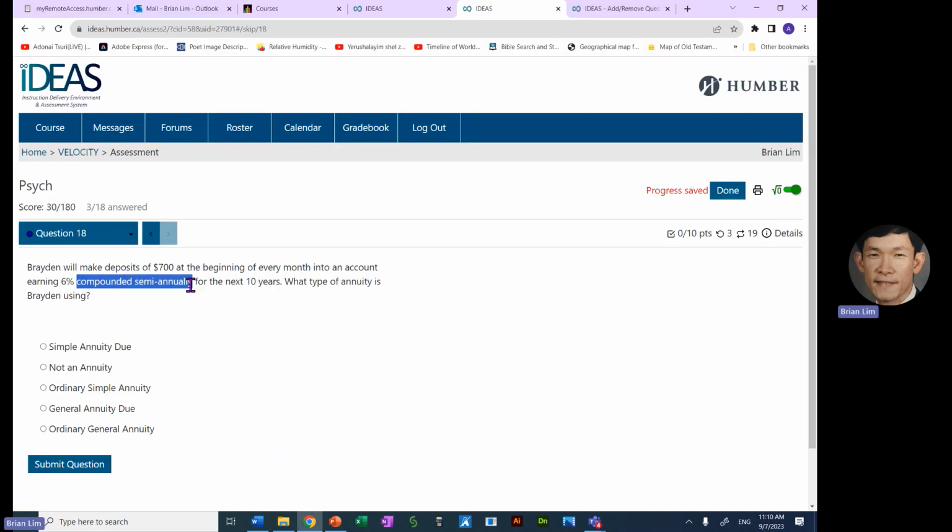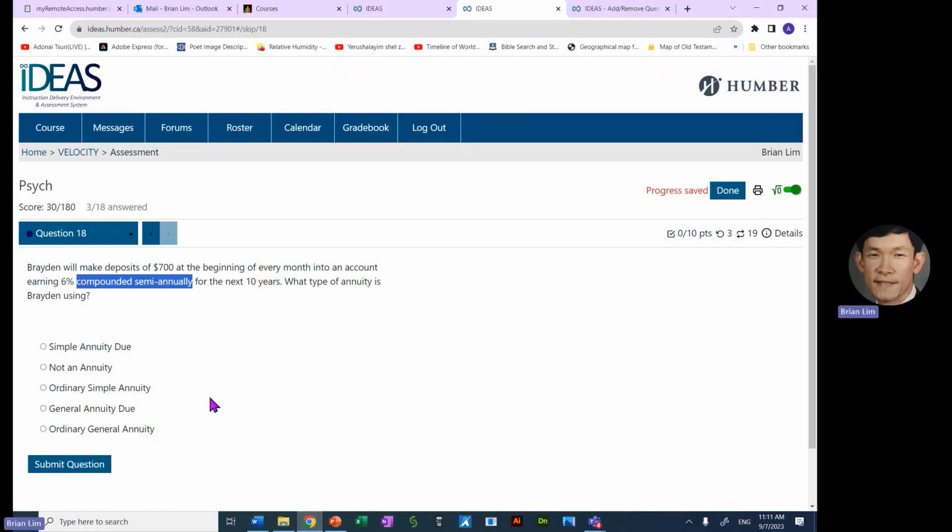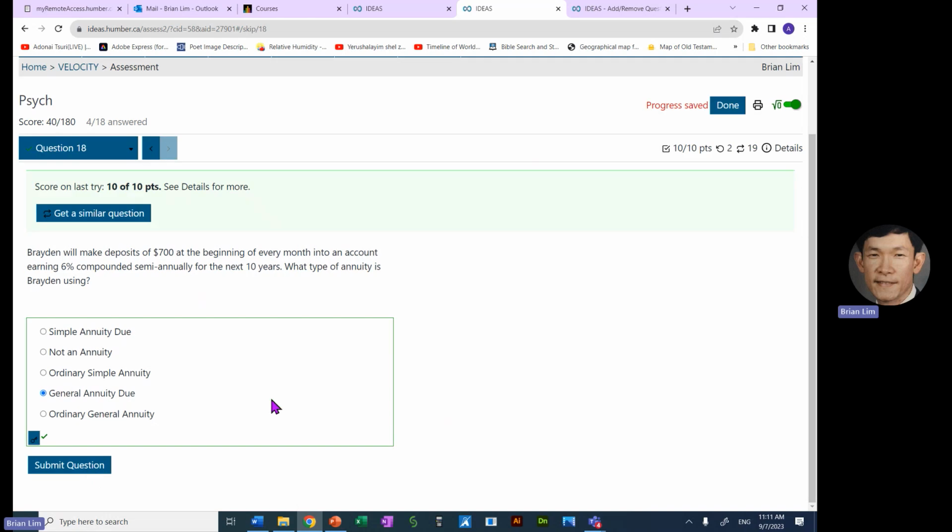Yes, compounding is semi-annually. So it means that CY should be 2. So in this case, PY is not equal to CY. Okay, so we have begin, PY not equal to CY, so we have this classification of general annuity due. So let's select general annuity due, and hopefully we are correct.